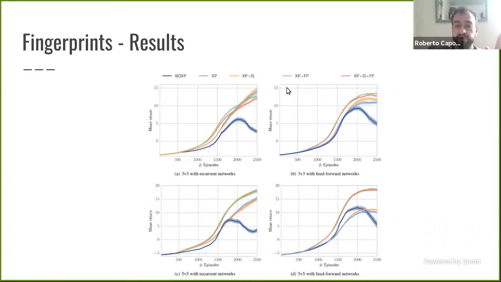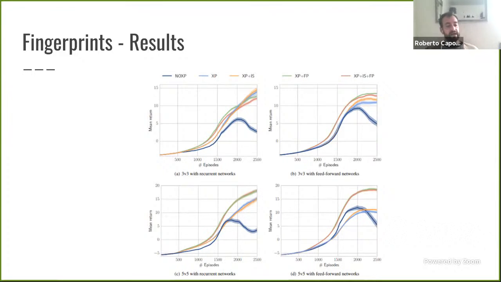But again, if you use fingerprints, the agents are now capable of learning in this multi-agent scenario, even in the independent learning setup. And so this is the first result that is telling us something, that basically while we have all these challenges, there are solutions that can be adopted in order to reduce the impact of them in the training.